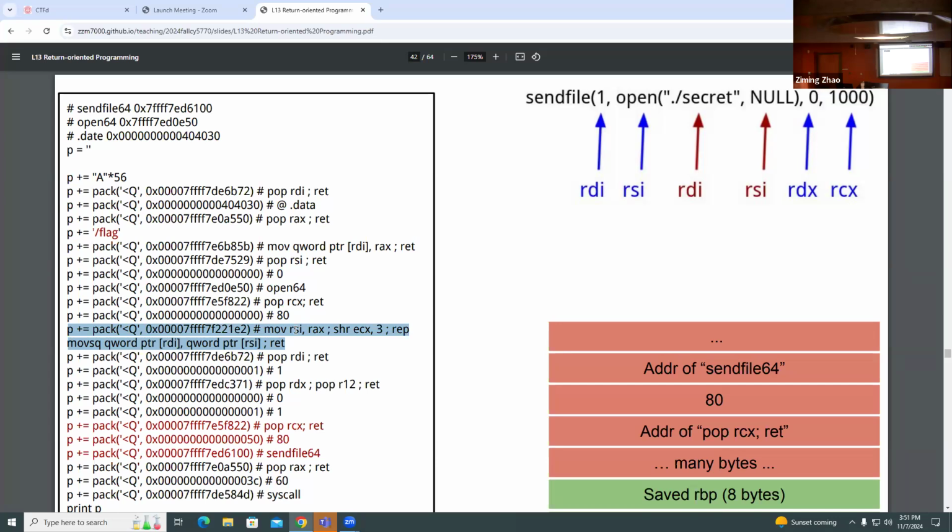Yeah, we figured out we fill all the RSI. Yeah, we pretty much understand.